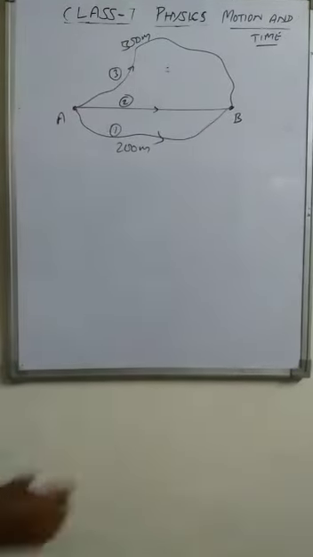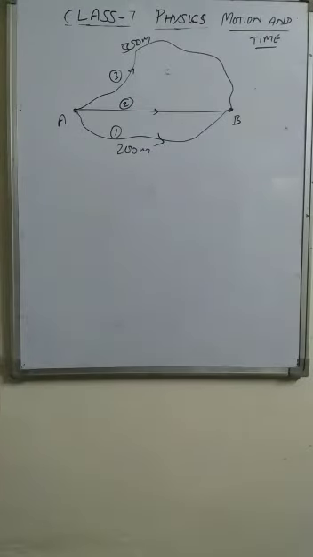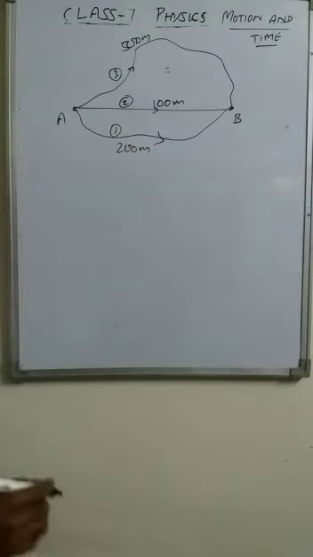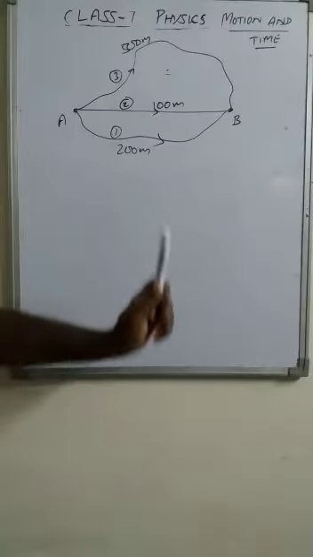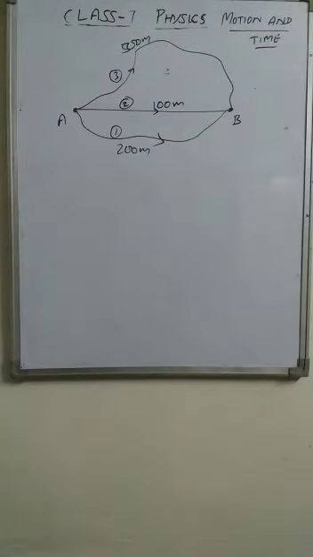And the path along which the object moves along the straight line, that length of path will definitely be least. That is 100 meter. Now the length of path travelled by the object between the same initial and final point is different.